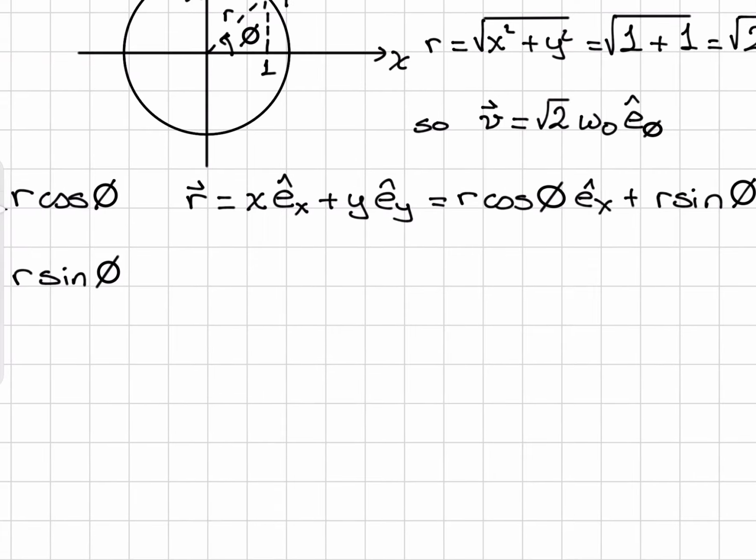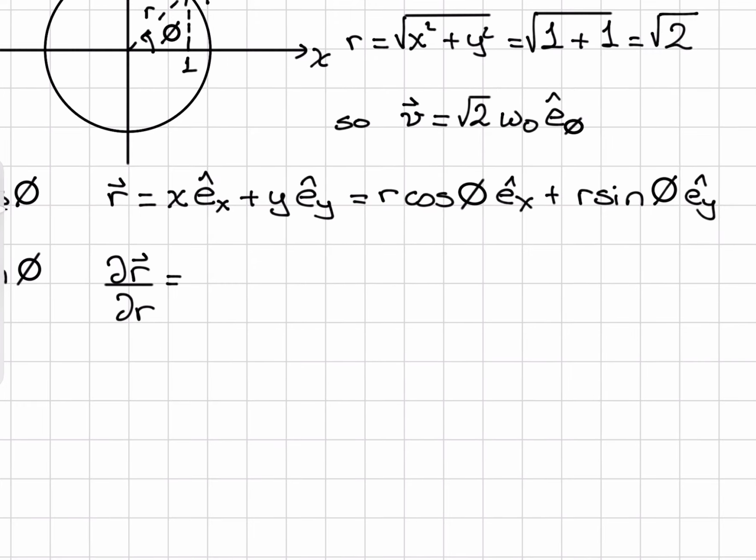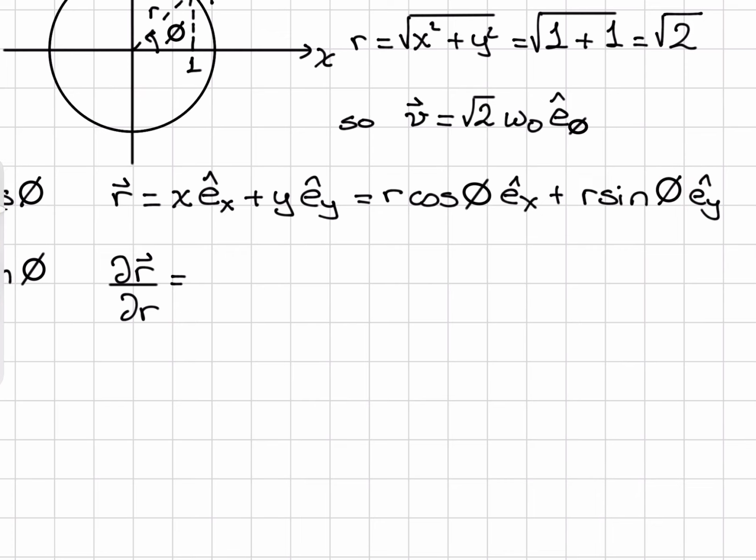And now the unit vectors e r hat and e phi hat we can find. We take the derivative of the position vector with respect to r. You can see here, the derivative will give us cosine phi and sine phi for this term.